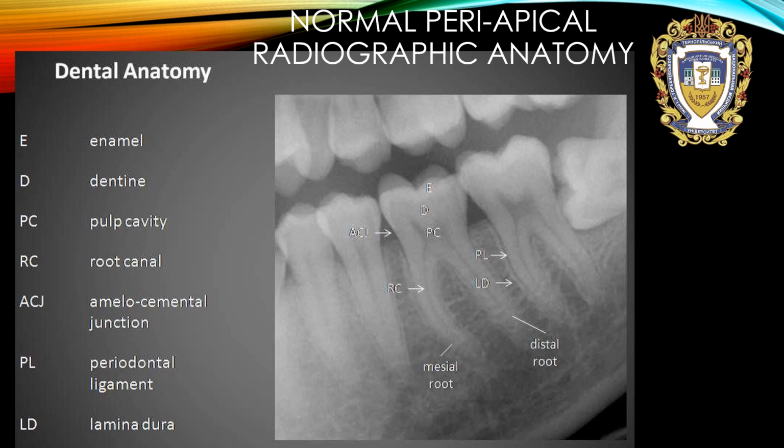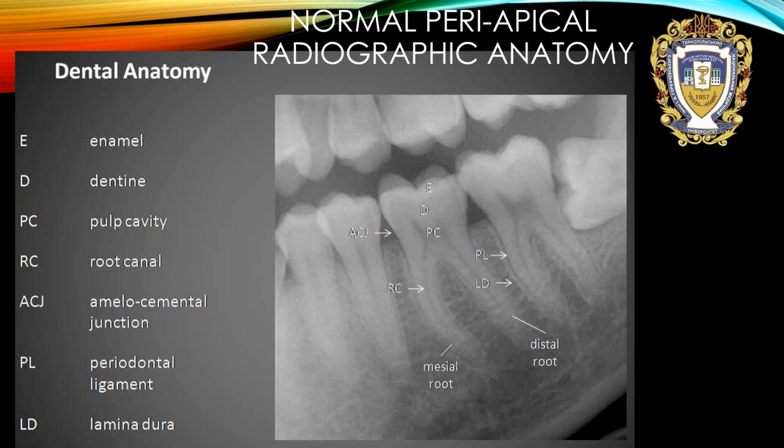Let's talk about normal periapical radiographic anatomy. On a periapical X-ray, we need to understand the enamel, letter E, dentine, D, the main tissue of every tooth is dentine. Pulp cavity, PC.